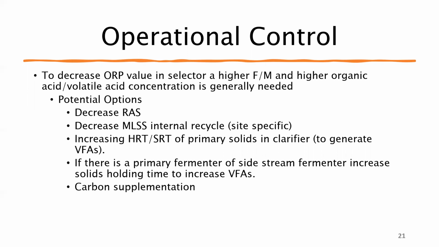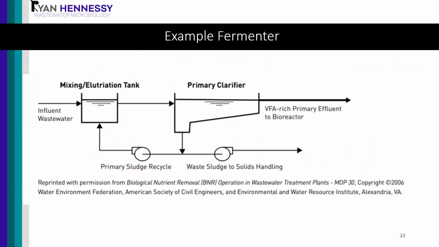Or you can try to make more VFAs, sometimes holding the solids in the primary a little bit longer, or there are some instances where plants may have a fermenter. So this slide here is basically showing a process where you're recycling that primary sludge into this mixing tank to mix the primary with the influent and really ripen everything up.